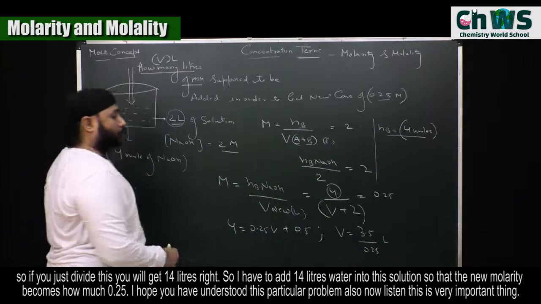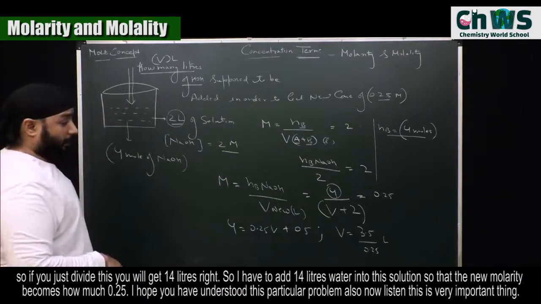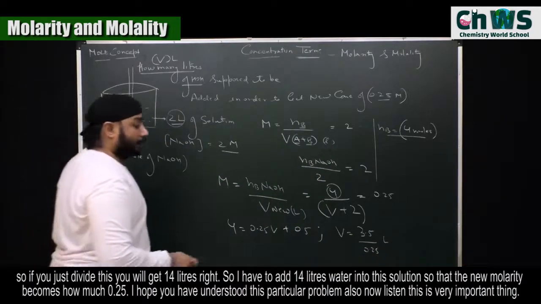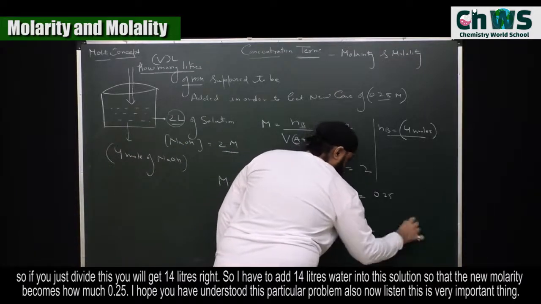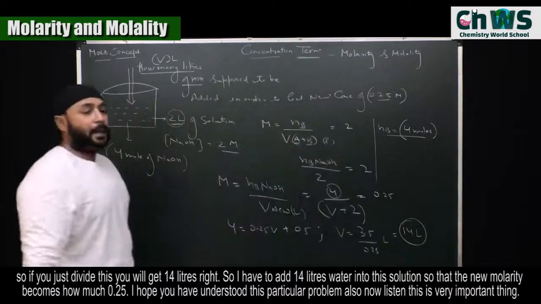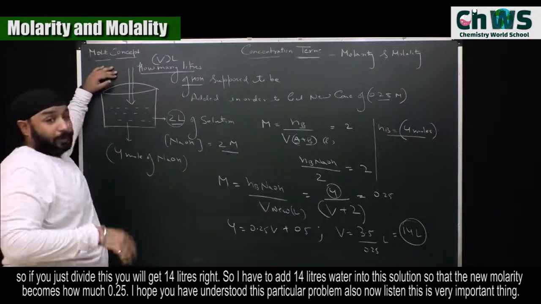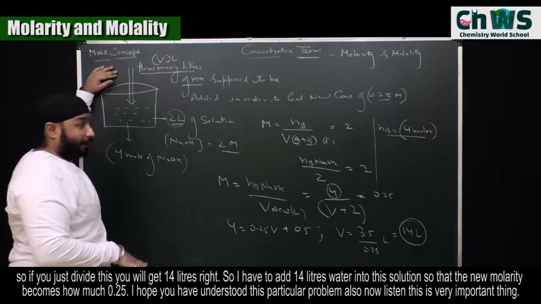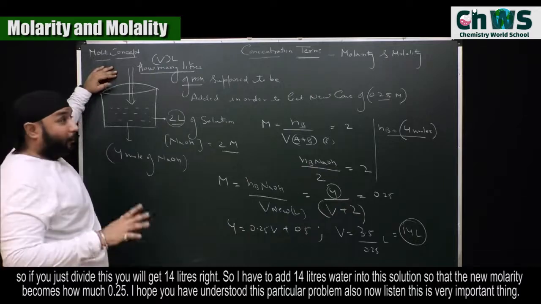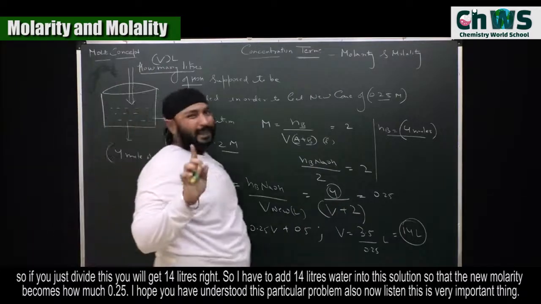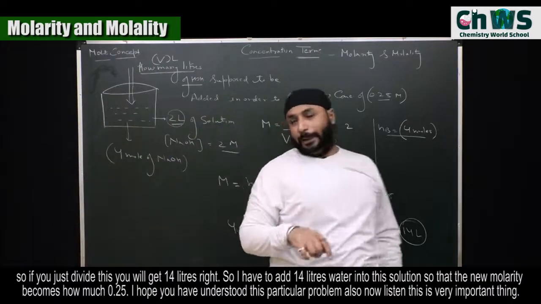So if you just divide, you will get here 14 liters. So I have to add 14 liters of water into this solution so that the new molarity becomes 0.25. I hope you understood this particular problem also. Now listen, very important thing.